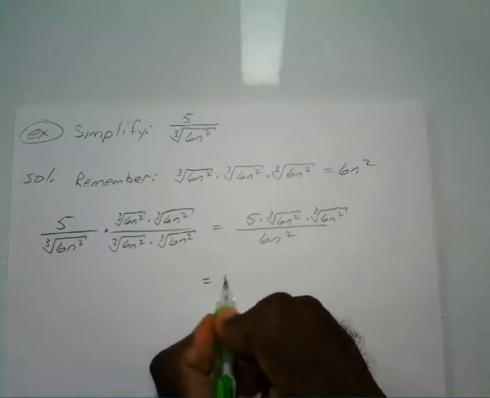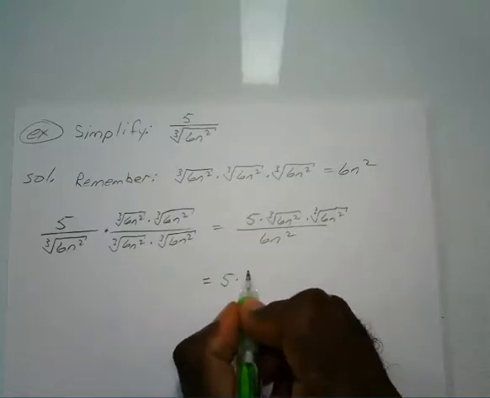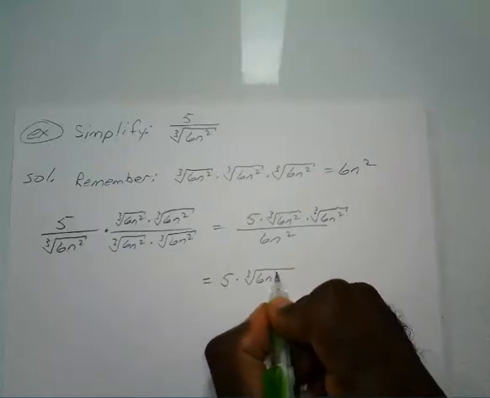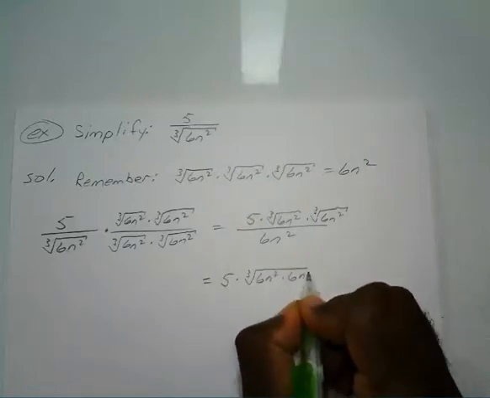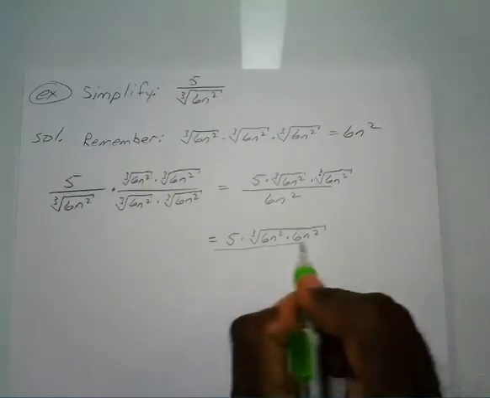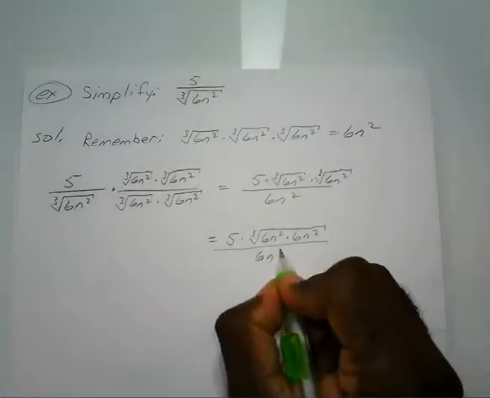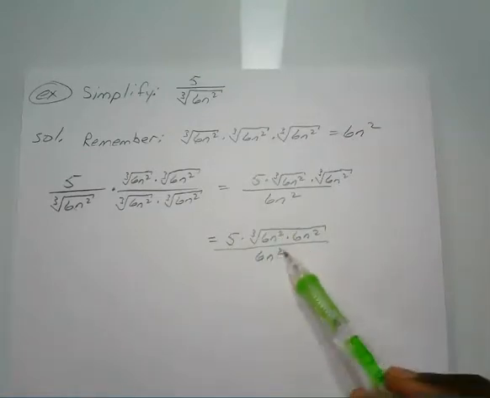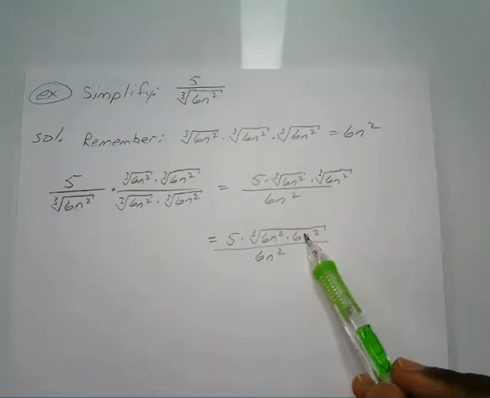So that's just going to equal 5 times the cube root of 6n squared times 6n squared, all over 6n squared. Now remember, you can't cancel these out because cube root of 6n squared is not the same as 6n squared. So you can't cancel any of those out.